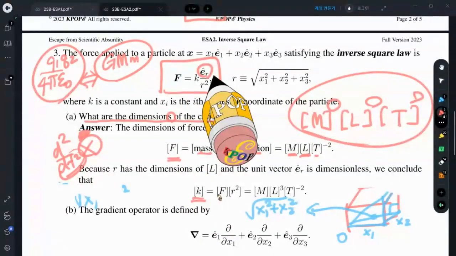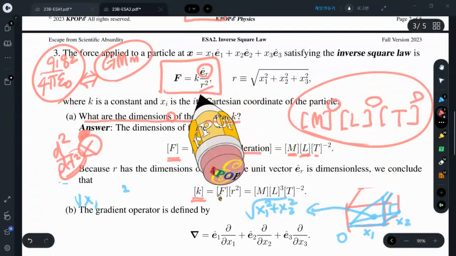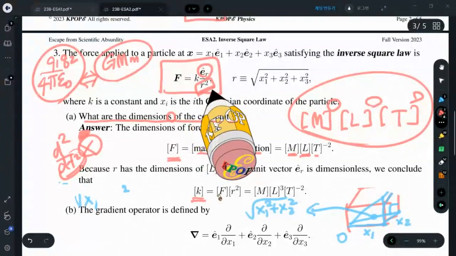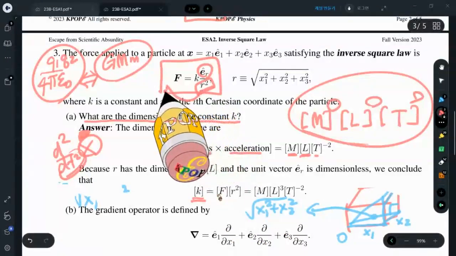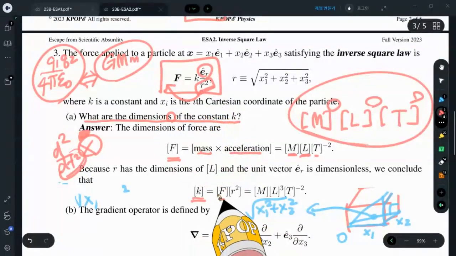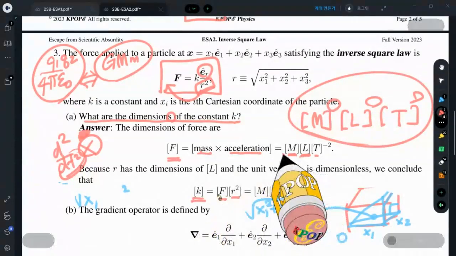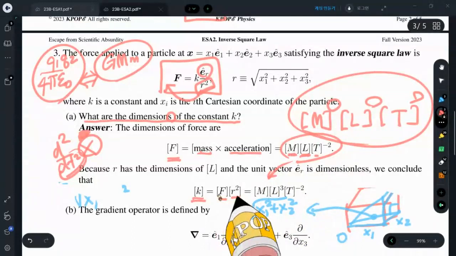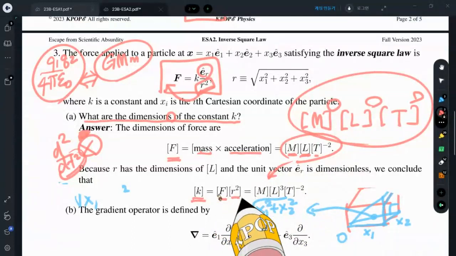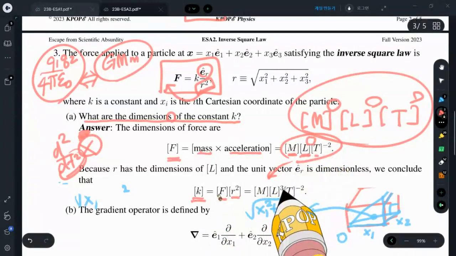Unit means it is absolutely one. That means no physical dimensions in it. The only physical dimensions are contained in r. So move this one to the left-hand side, you find force multiplied by the radius squared, and I copy these results here and multiply by length squared. So this power has been increased from 1 to 3.